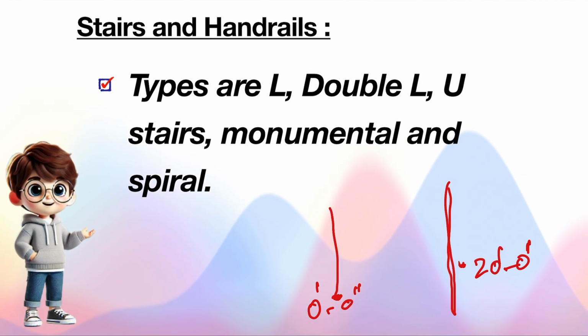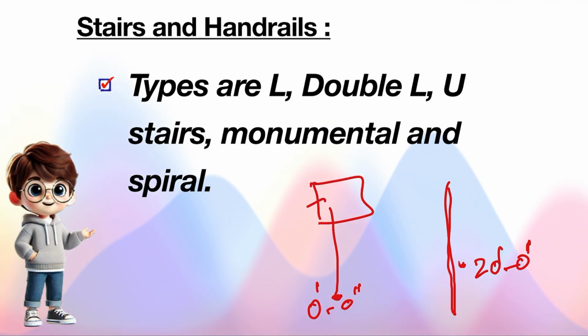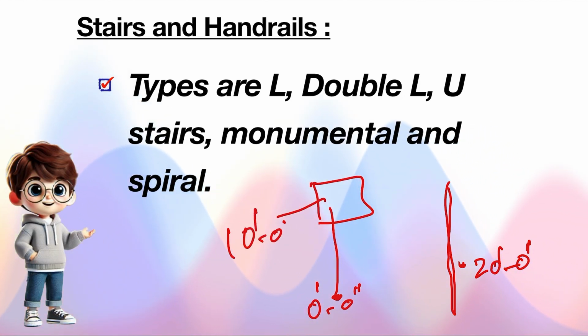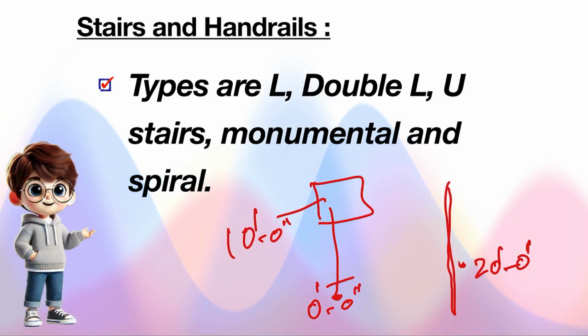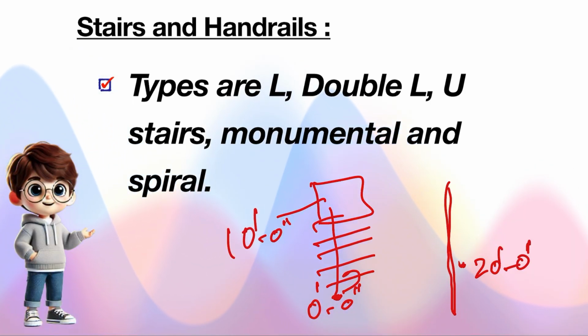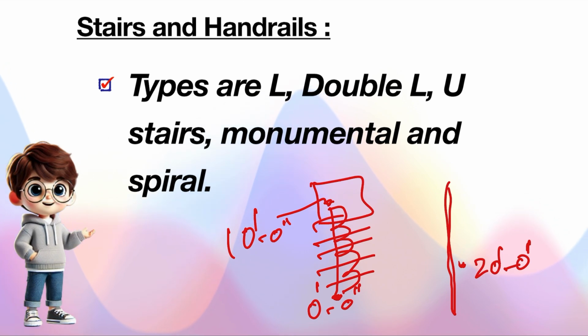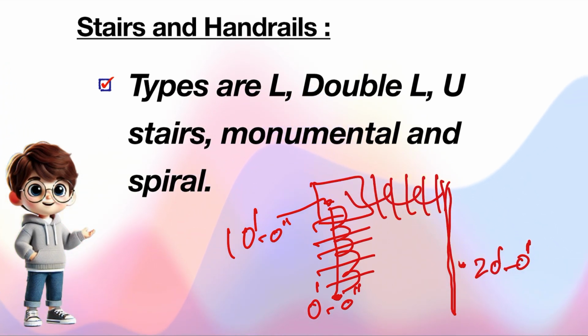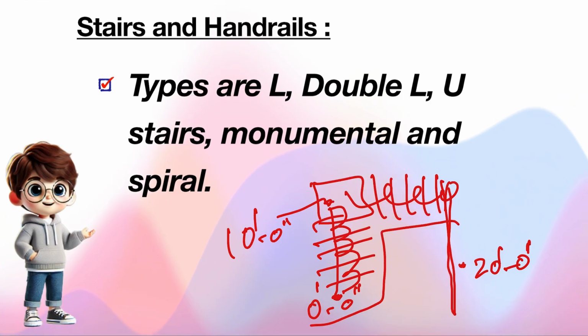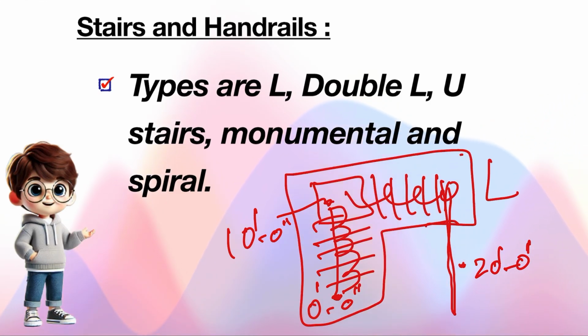From here to here you will make one intermediate landing at 10 feet, and you will make steps and climb like this, and then make steps and climb like this. This type of stair we call L-shaped.